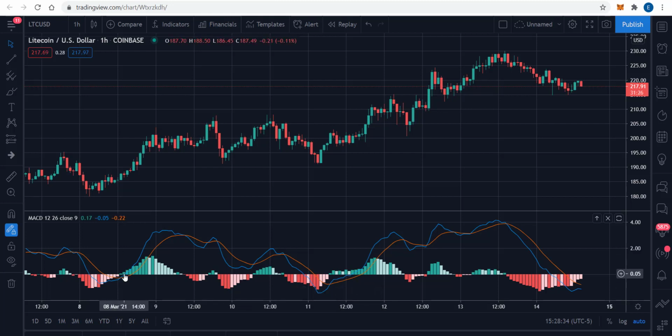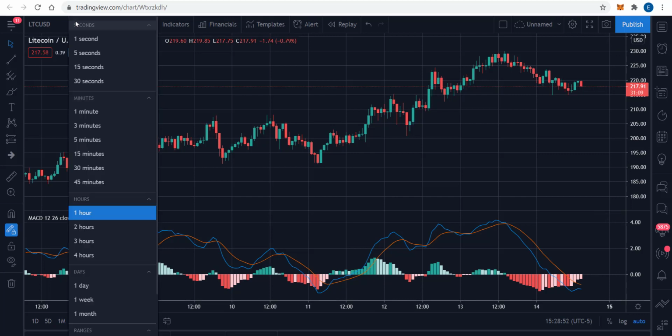Also like it did back here on March the 8th. And just to see that go higher, not just cross the red line, the signal line, but also go above the 0 line. That's a great confirmation of the trend.